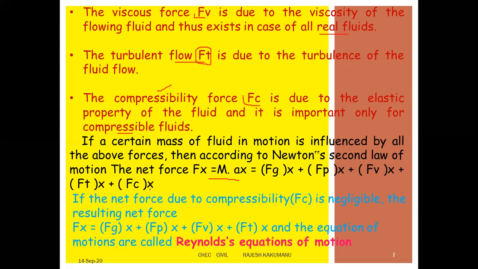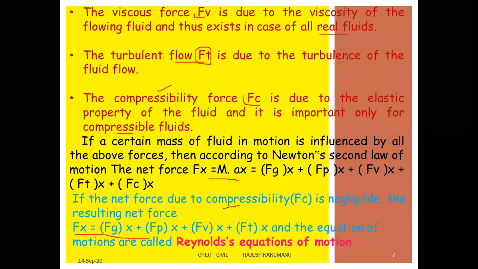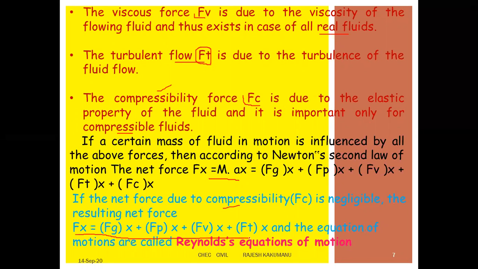If the net force due to compressibility Fc is negligible, whenever there is incompressible flow, we are ignoring Fc, then we write Fx is equal to Fgx plus Fpx plus Fvx plus Ftx, and the equation is nothing but the Reynolds equation of motion.